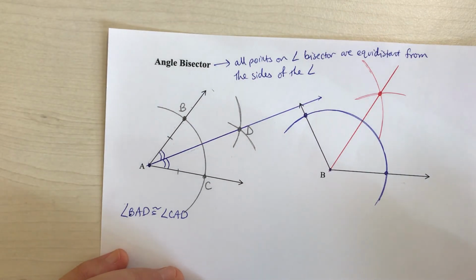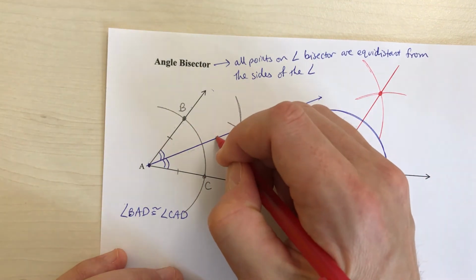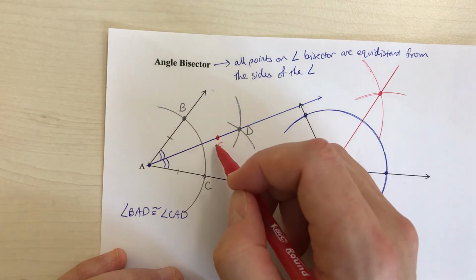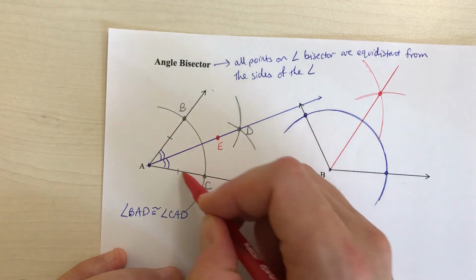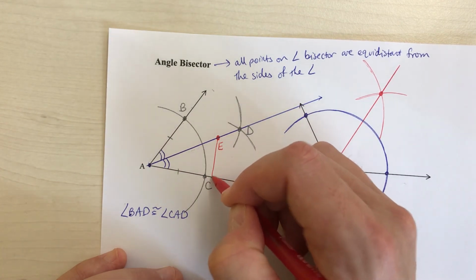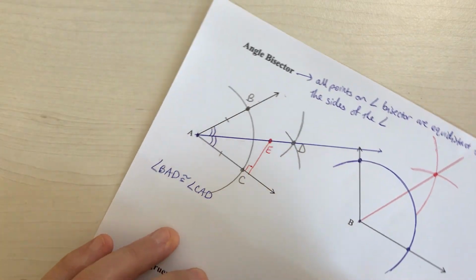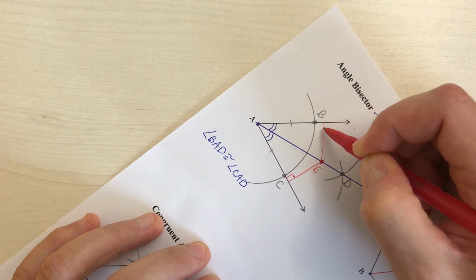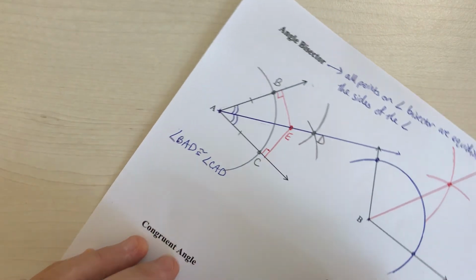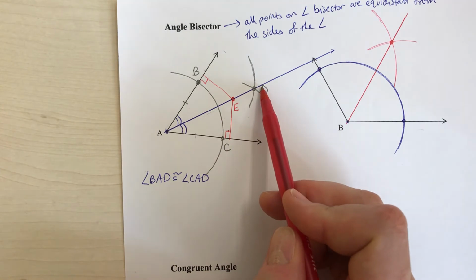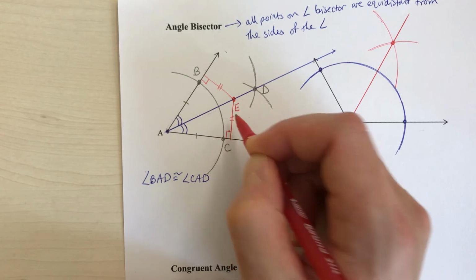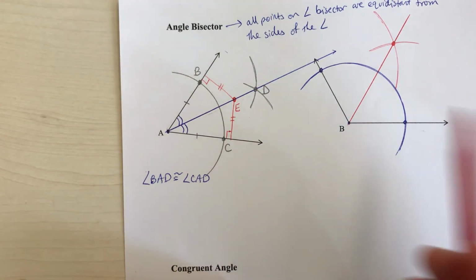Okay, now what that means is that if I pick a point on the angle bisector, let's say I pick a point here and I call this E. The distance from E to this line, and distance in this case is a perpendicular, is going to be the same as the distance from E to this line. If a point is on an angle bisector, then that point has to be equidistant from the sides of the angle.